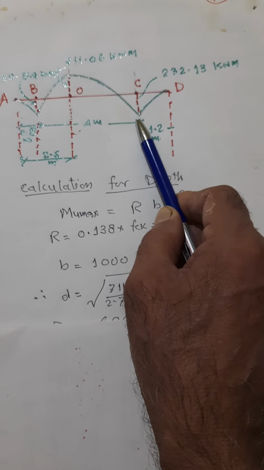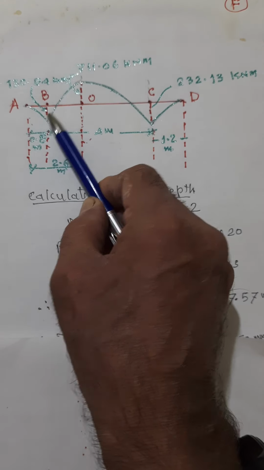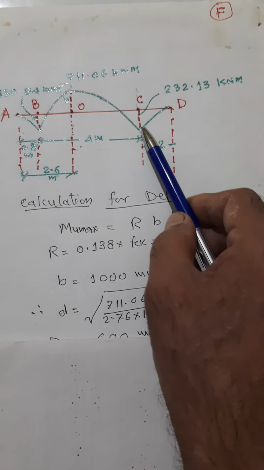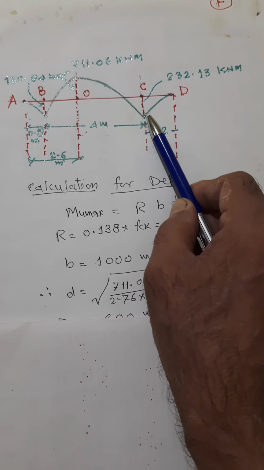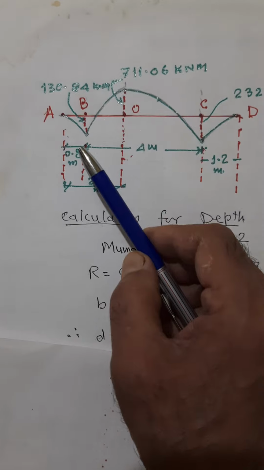You can find out the area of steel at this point and at this point, because three bending moments are known.